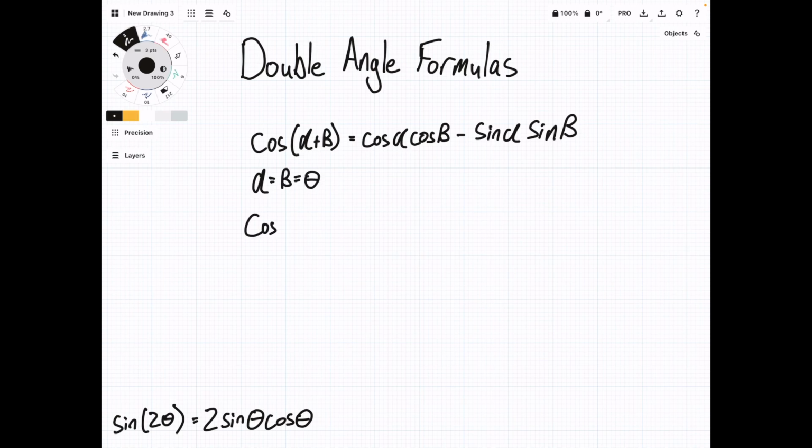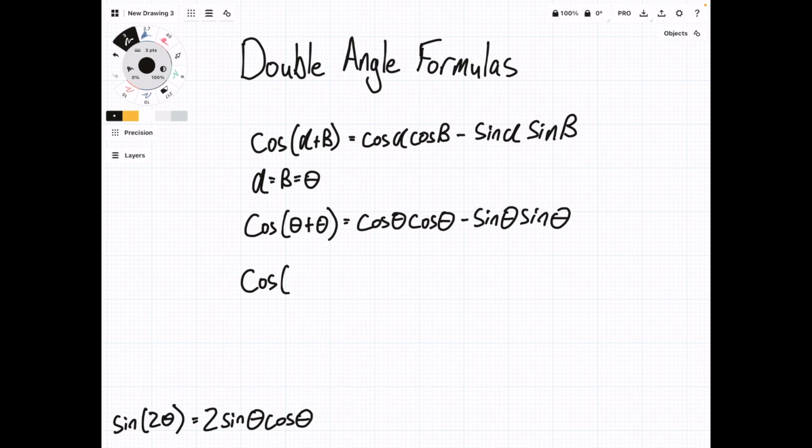So rewriting our original formula, we get cosine of theta plus theta is equal to cosine squared of theta minus sine squared of theta. And here's our first double angle formula for cosine. Cosine of 2 theta is equal to cosine squared theta minus sine squared theta.